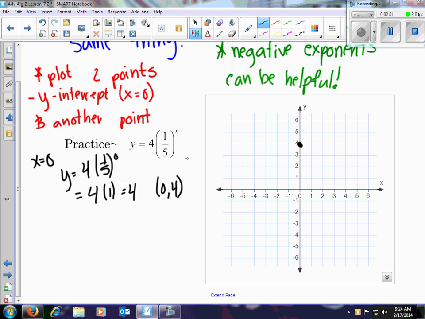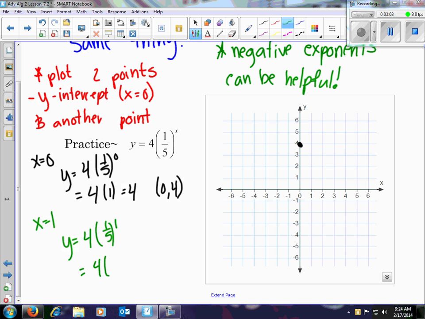Then I'm going to set, in this case, x equal to 1. So I have y equals 4 times 1/5 to the first power. And anything to the first power is just that number.